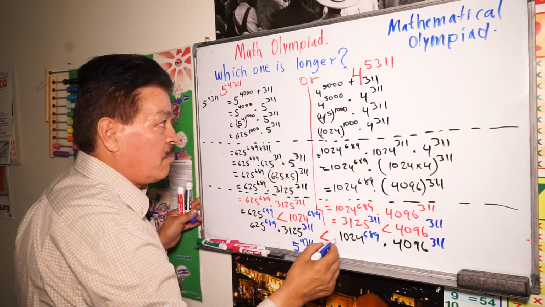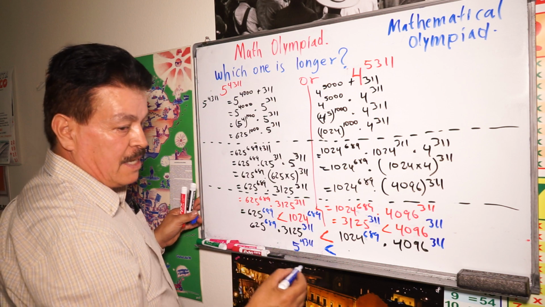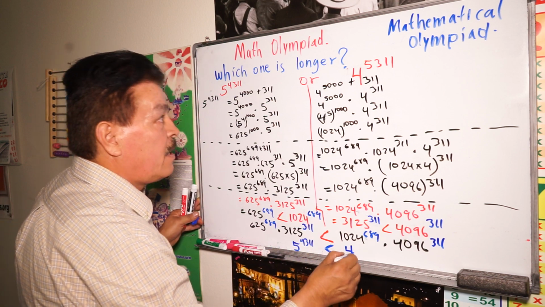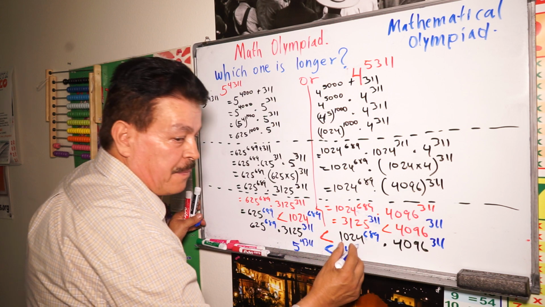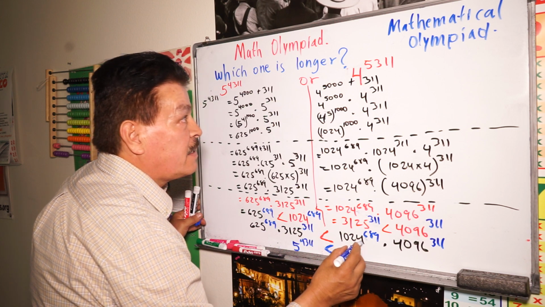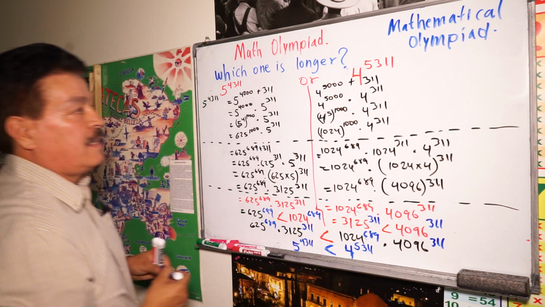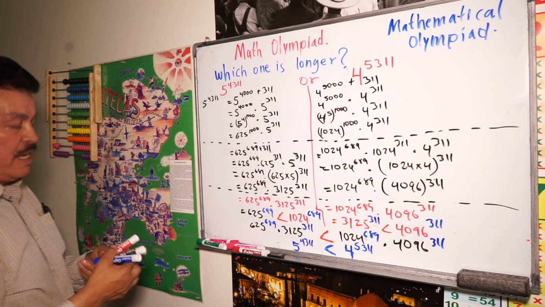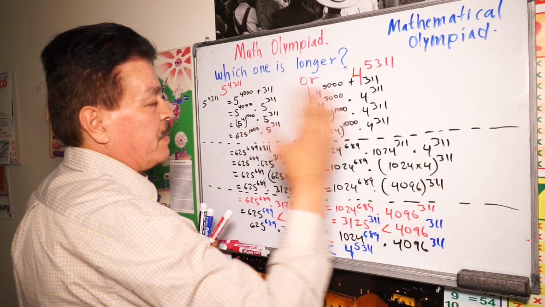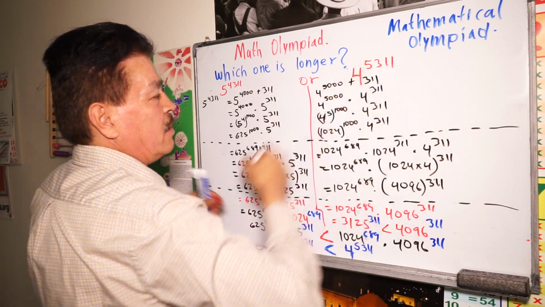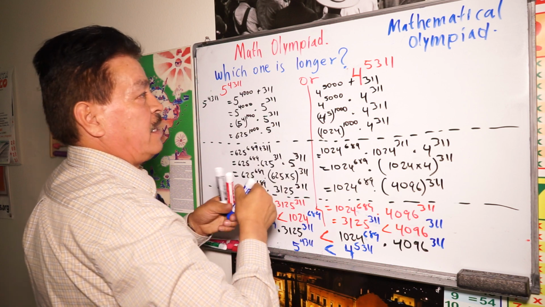Less than this number, 4 to the 5,311. Okay, therefore I want to use this little corner, because we don't have space here.